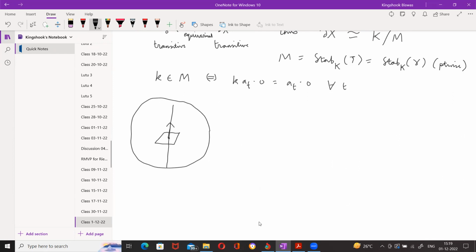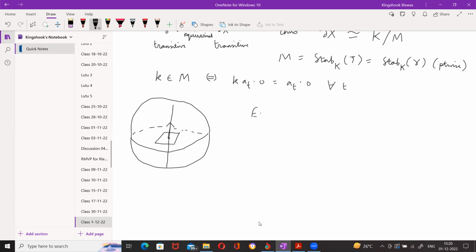Because it's an isometry, it's going to preserve the exponential of the orthogonal complement, an n-1 dimensional subspace. This is invariant under M. So M will act as rotations around this geodesic. M is a group of rotations around this geodesic.